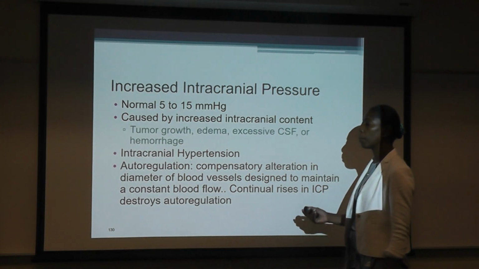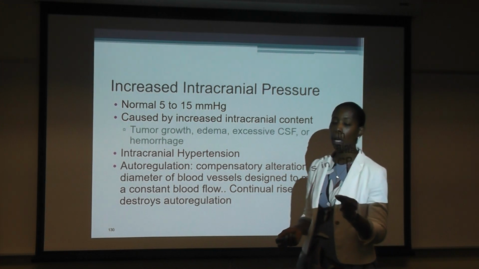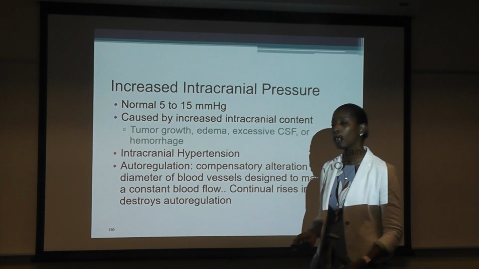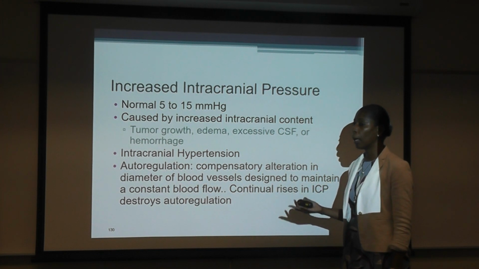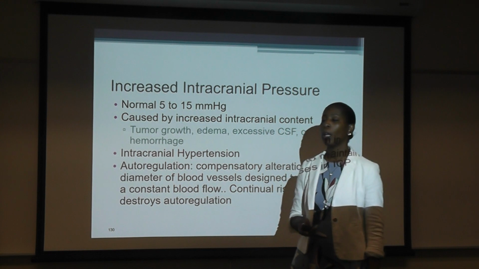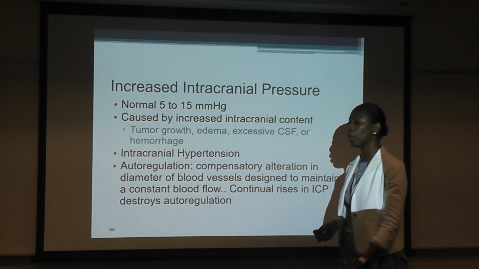So the diameters of the vessels will shrink so you can get less blood in the brain, so you shunt blood out of the brain so you can make space for what's in there. But this is only a temporary measure. It only lasts for a little while, and then you can have herniation of the brain on the brainstem.